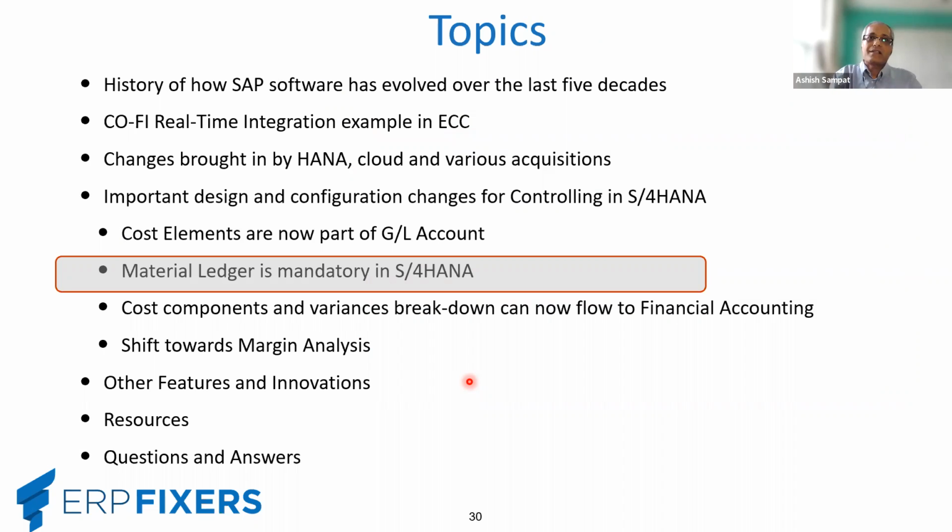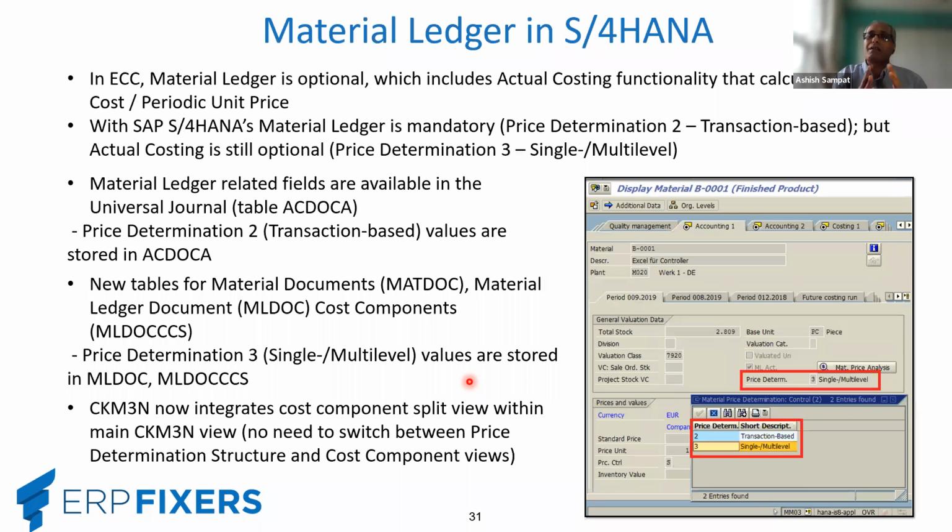Material ledger mandatory. This is another feature that has made a lot of people nervous, but I personally feel there's no need to be nervous. When we say that material ledger was optional in ECC, there were clients who activated it if they wanted to use the actual costing functionality.